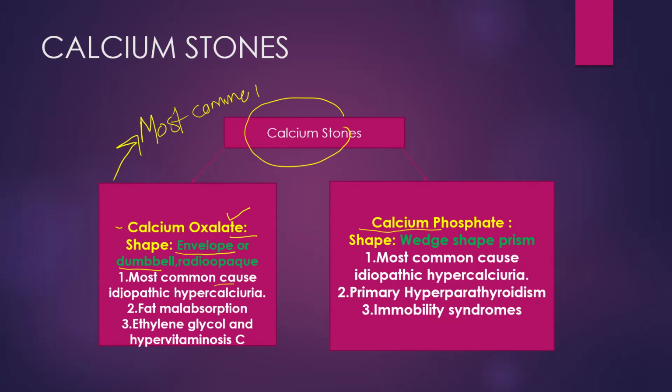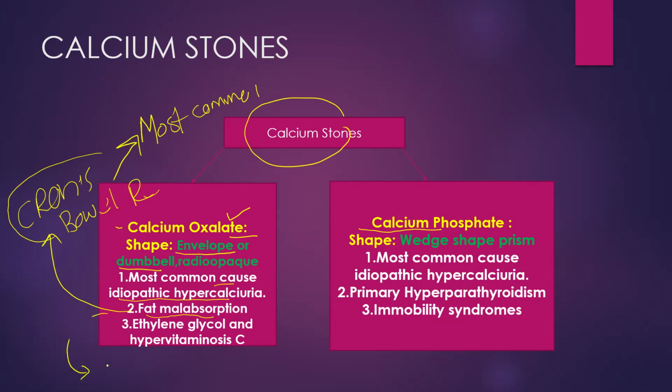The most common causes are idiopathic hypercalciuria and fat malabsorption. Fat malabsorption means Crohn disease or bowel resection. Fat malabsorption is important because the retained fat in the intestinal lumen may combine with the calcium and decrease the calcium available to bind with oxalate.